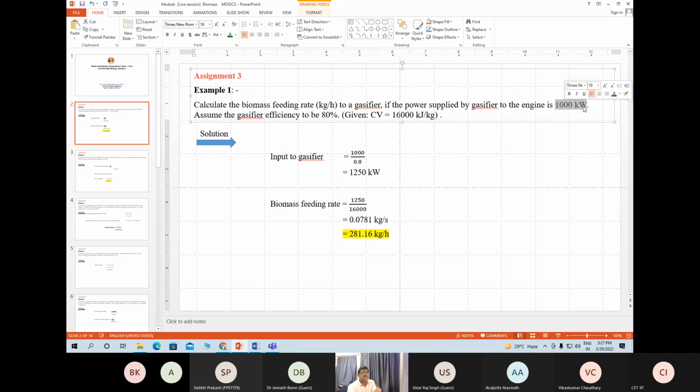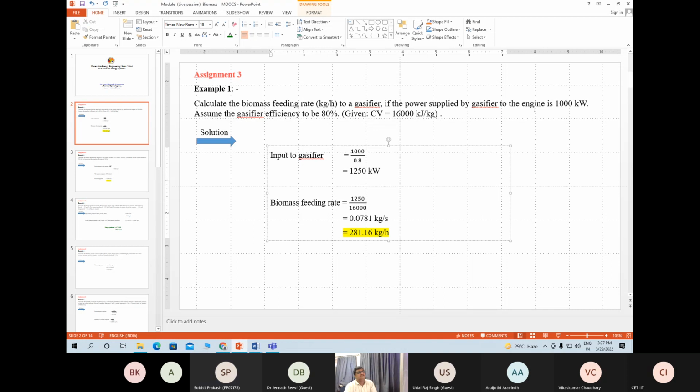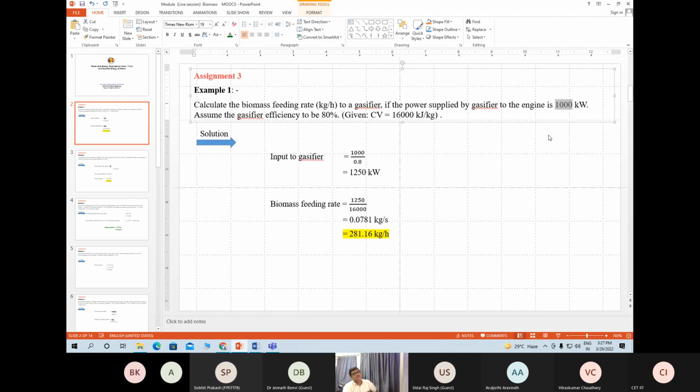How to do that? We know the efficiency of the gasifier. If you simply divide by the efficiency, it gives you the input to the gasifier. Since the efficiency is 80%, if I multiply this value by 0.8, I will definitely get the answer of 1000 kilowatt, right? So this is the input to the gasifier.